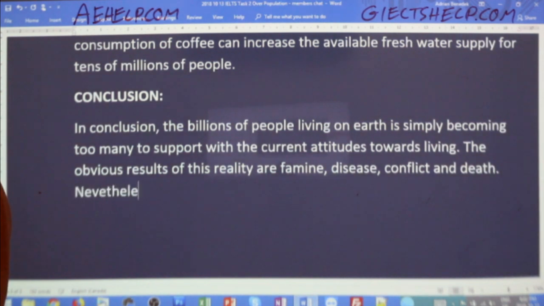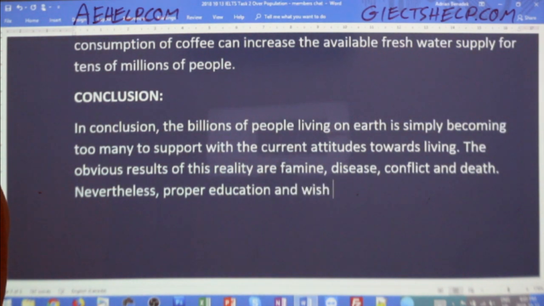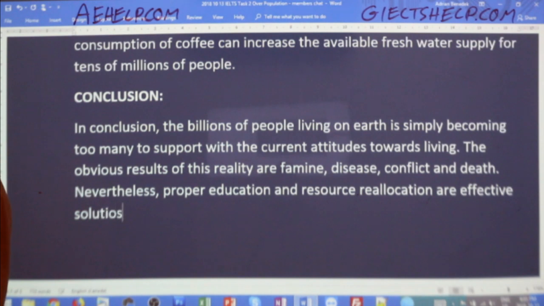Nevertheless, proper education and resource management or resource reallocation are effective solutions.